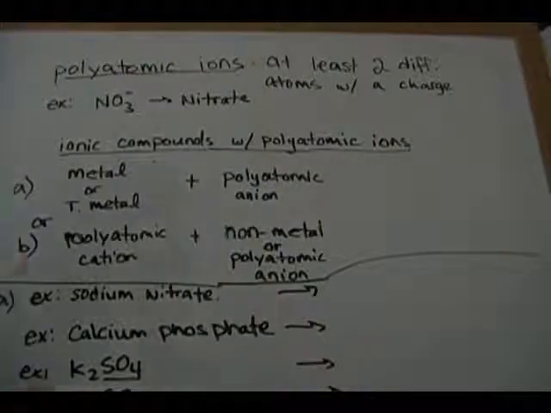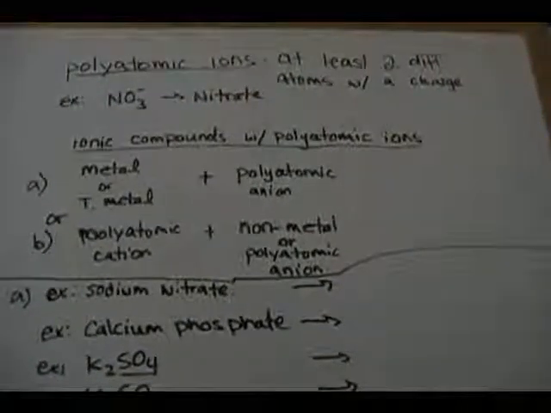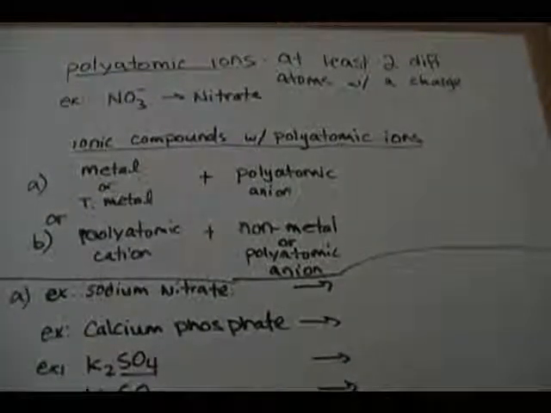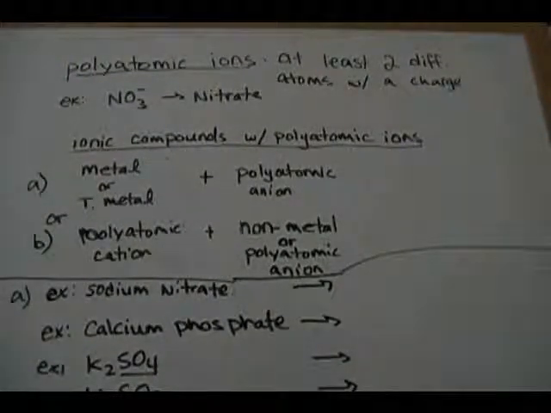Next thing is this little formula I put right here for you guys. There's one known as the A formula and the B formula. So ionic compounds with polyatomic ions. You need to realize that ionic compounds are basically interactions between positively charged things and negatively charged things. And that's the broadest and most general way of defining what an ionic compound is, okay?